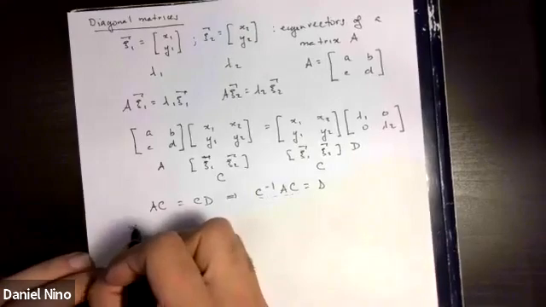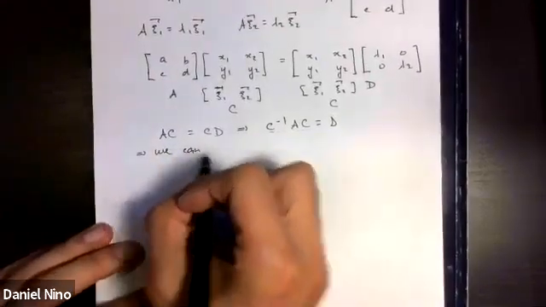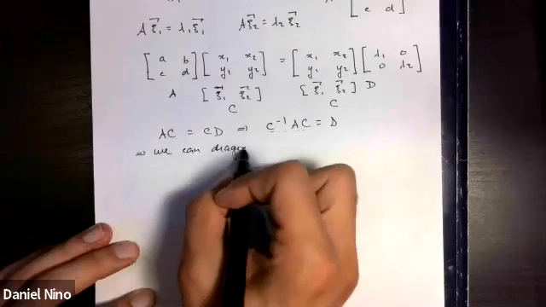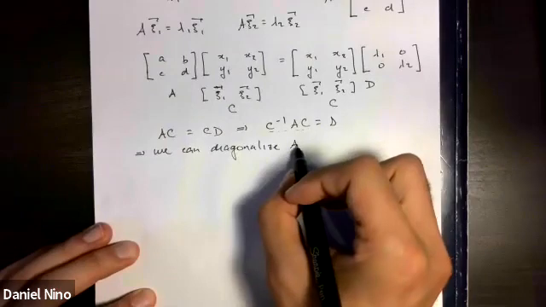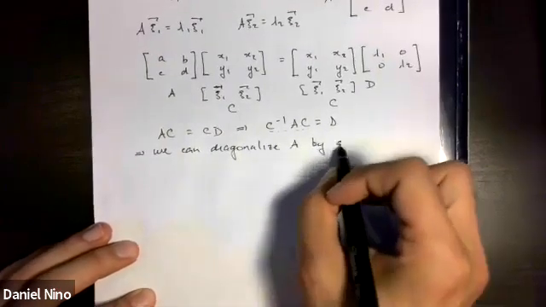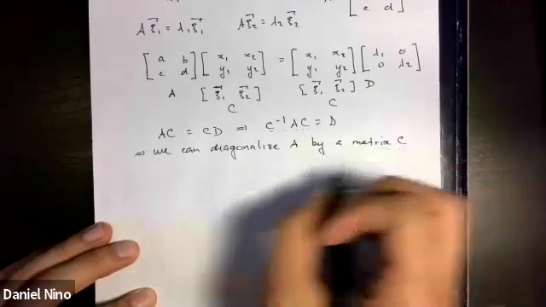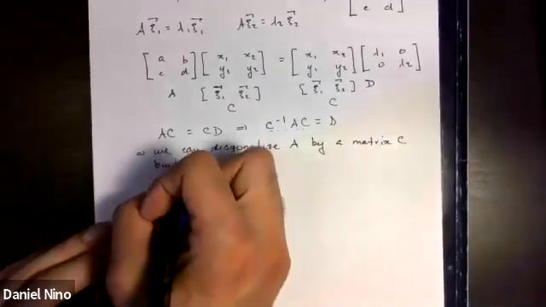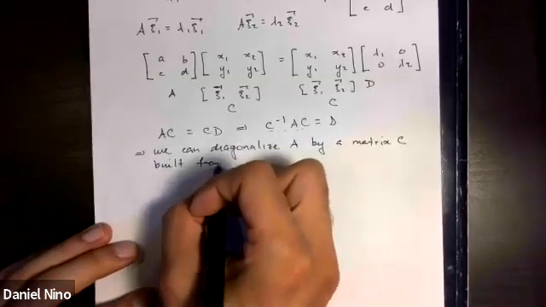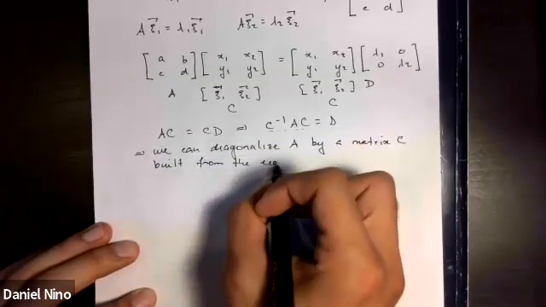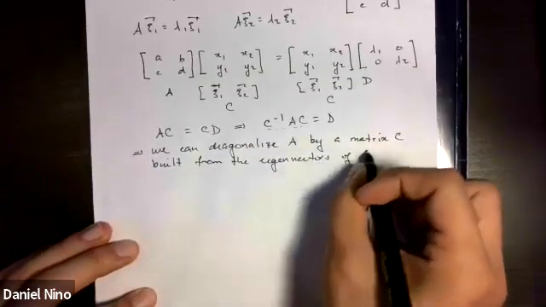So we can diagonalize a matrix A by a matrix C that's built from the eigenvectors of our matrix A.